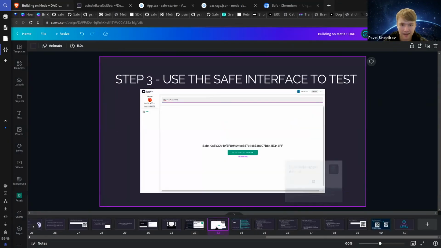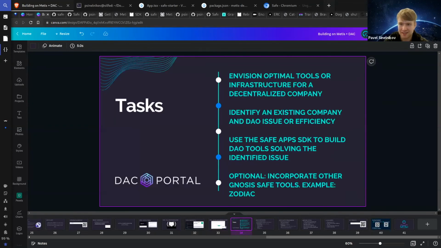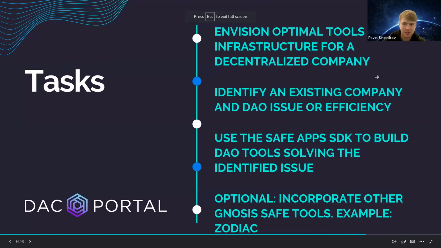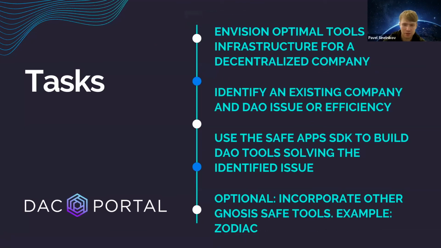So then going back to the presentation, we have envisioning optimal tools and infrastructure for a decentralized company, identifying existing company and DAO issue efficiency, using the Safe Apps SDK to build DAO tools solving the identified issue, and incorporating other Gnosis Safe tools.